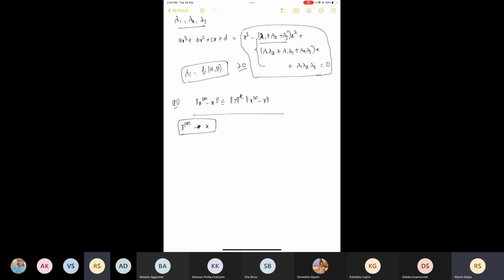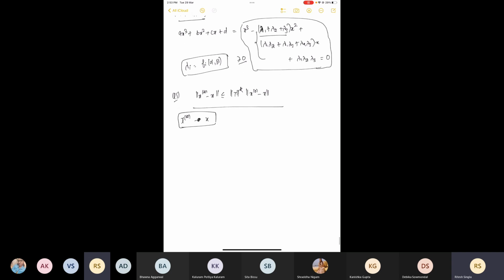So that is what we have to use in this equation. So if I say this x_k is converging to x, then for given epsilon greater than 0, there exists, okay, fix a k, because we have to prove the second inequality for each k, right? So fix a k, k belongs to N.